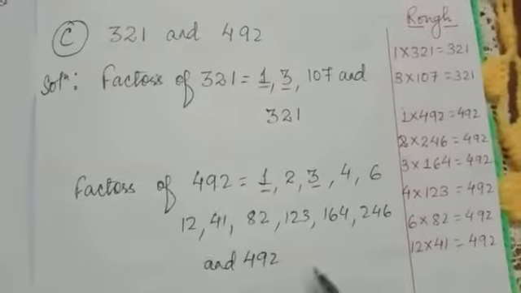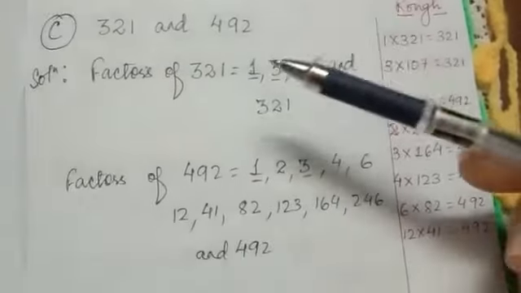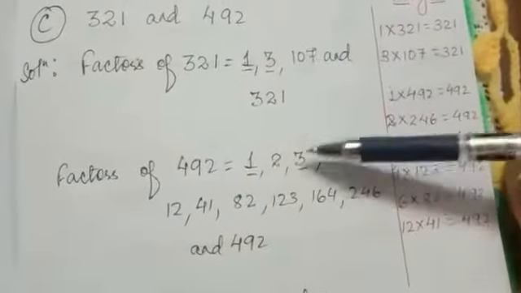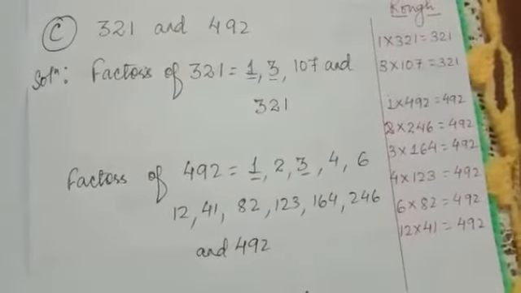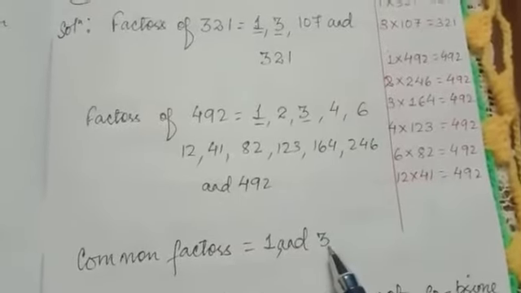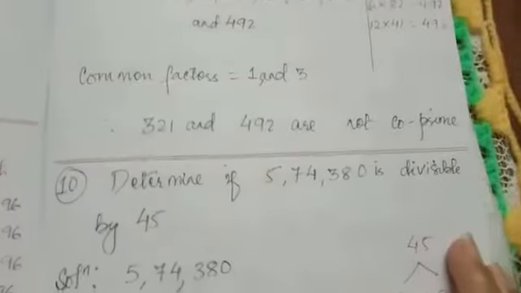Now we will find the common factors of 321 and 492. 1 will be there, then 3. Here they have two common factors, 1 and 3, so they are not co-prime. One more common factor is there, so these are not co-prime numbers.